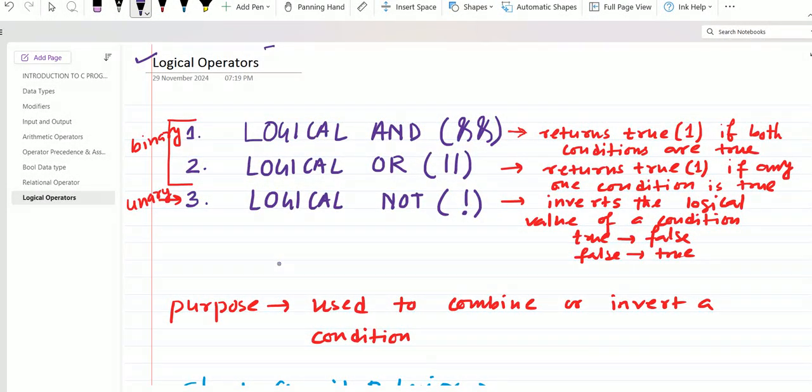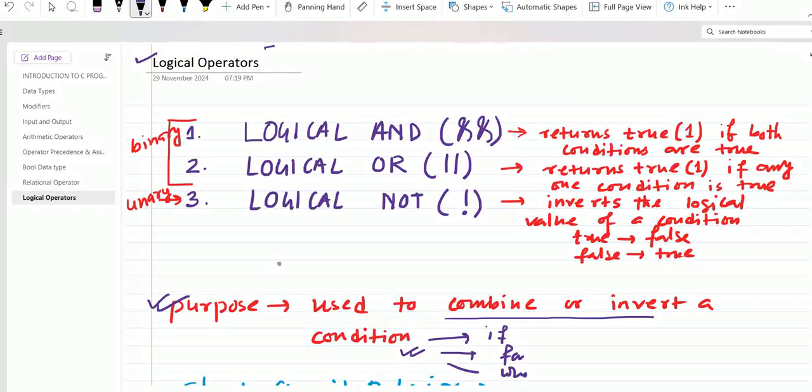This set of operators is normally used to combine or invert a condition. Normally we write the condition with the if statement, for loop, while loop, and also in the do while loop.